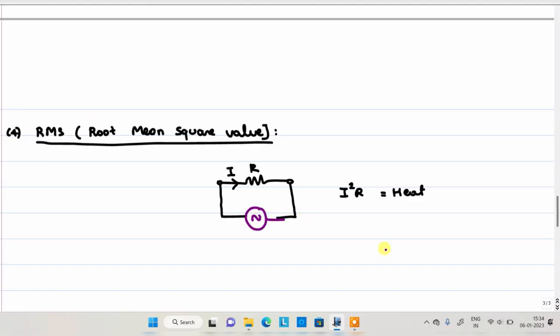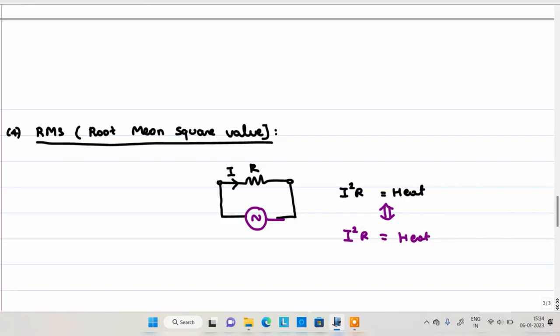Again the heat loss will be I square R only. In both cases the heat generated is the same. So the root mean square value is that value of DC supply which, when connected to a particular resistor or element, generates the same heat as an AC supply connected to the same circuit for the same time. That is called the root mean square value. That is the theoretical definition.